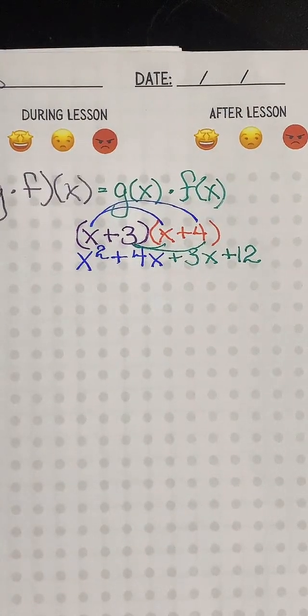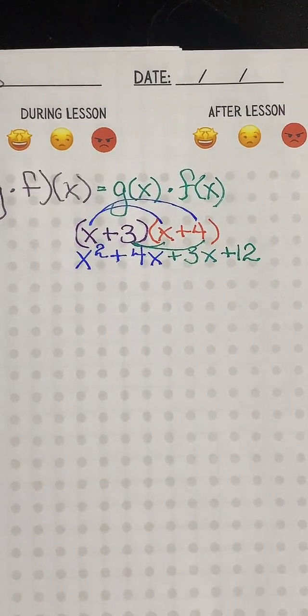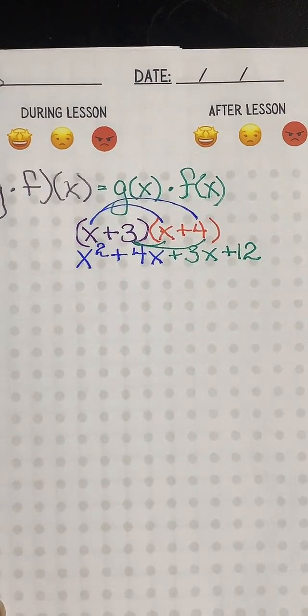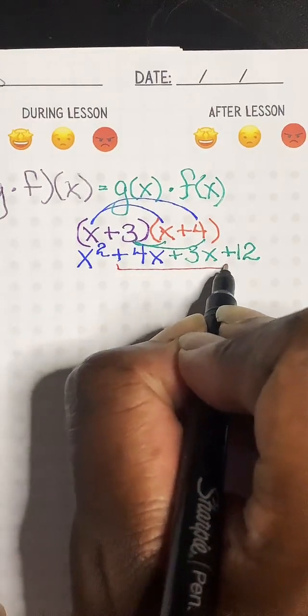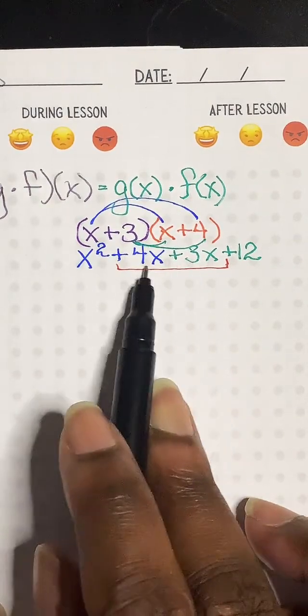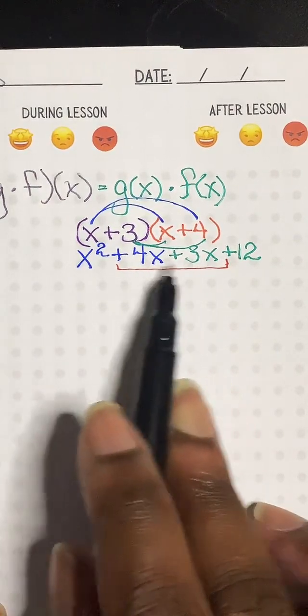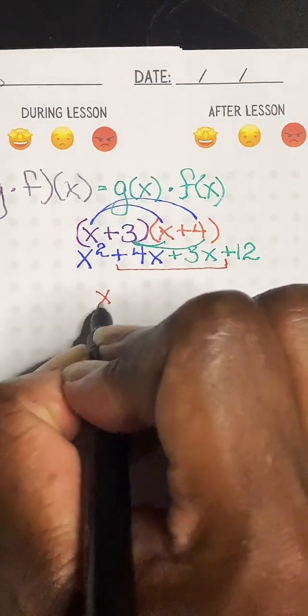All right. So now, if you take a look, right here in the center, there are like terms. Because both of those terms have a single x. So that means I can bring down my x squared.